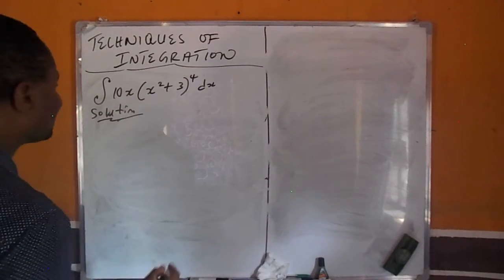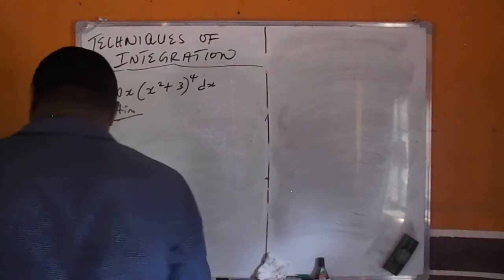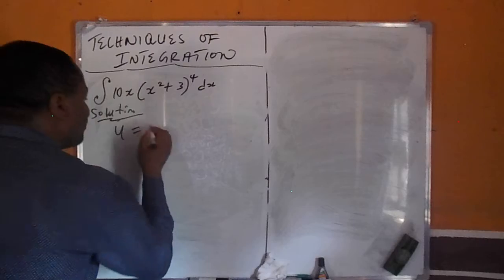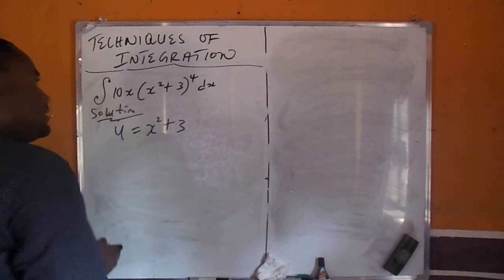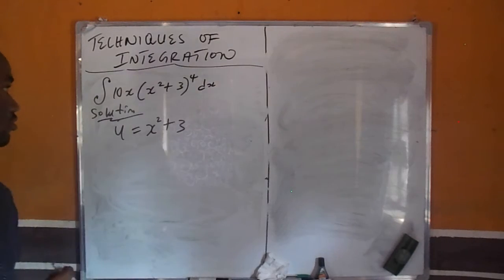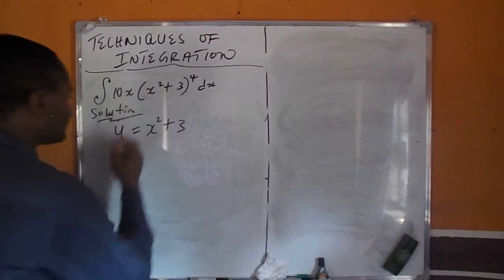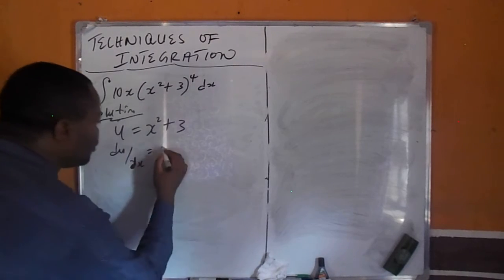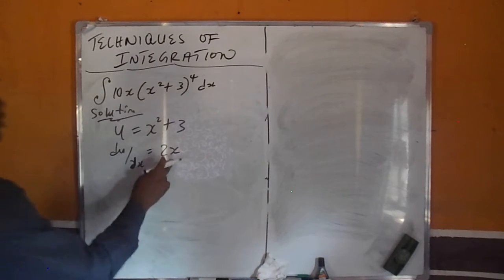We say the first thing, as we know that x squared plus 3, our u equals x squared plus 3. That is our u. Then u raised to power 4. du over dx equals 2x.